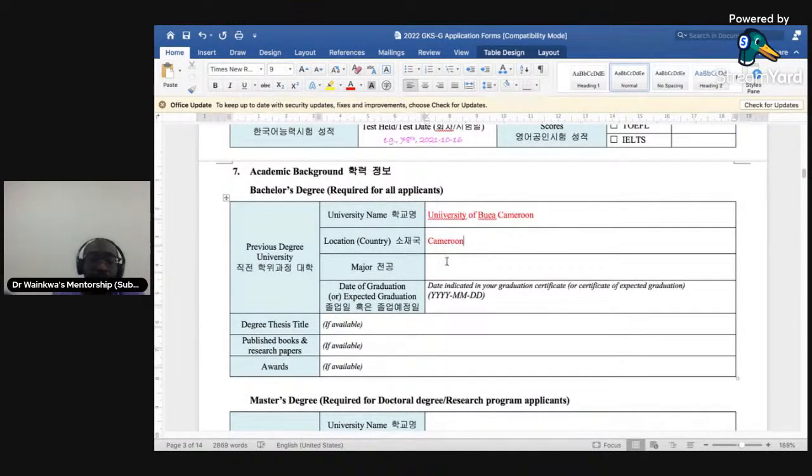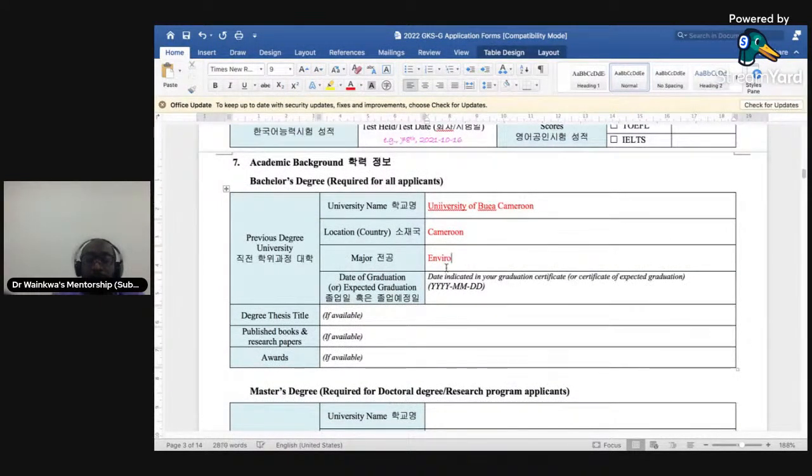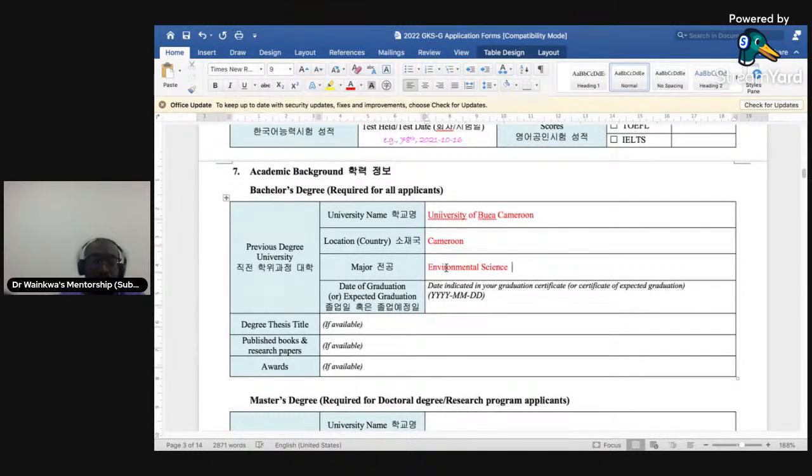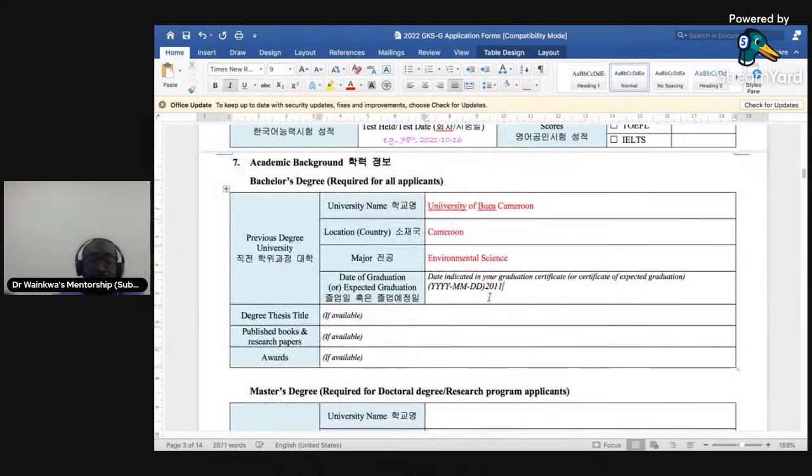My major was in environmental science. Even though it was a department of environmental science and geology, mine was in environmental science. For the date of graduation, I graduated in 2011.